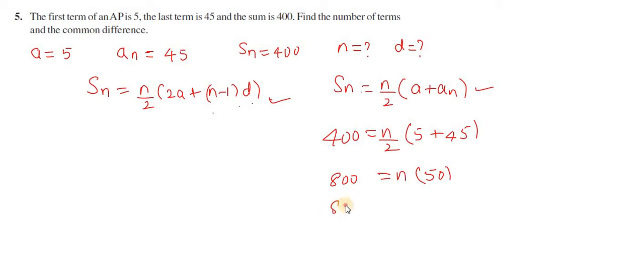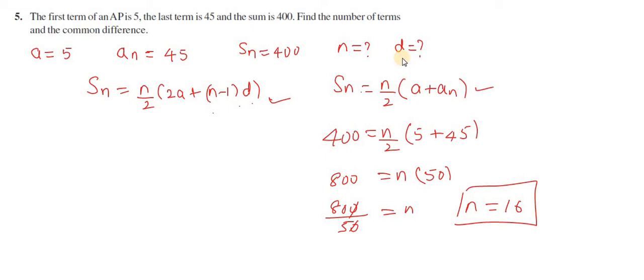So now 800 divided by 50 equals n. The zeros get cancelled. So n equals 80 divided by 5, which is nothing but 16. So therefore the n value is 16.